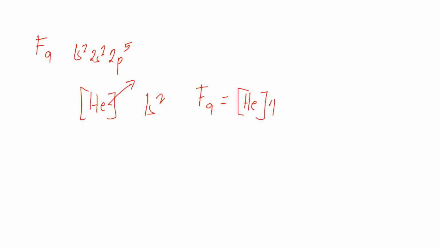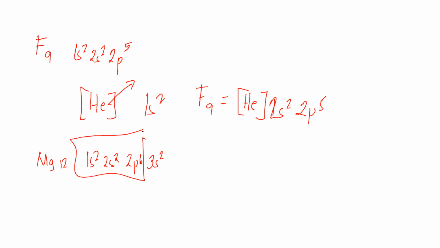2s2, 2p5. Okay. Another example we have here, magnesium. So 1s2, 2s2, 2p6, 3s2, right?